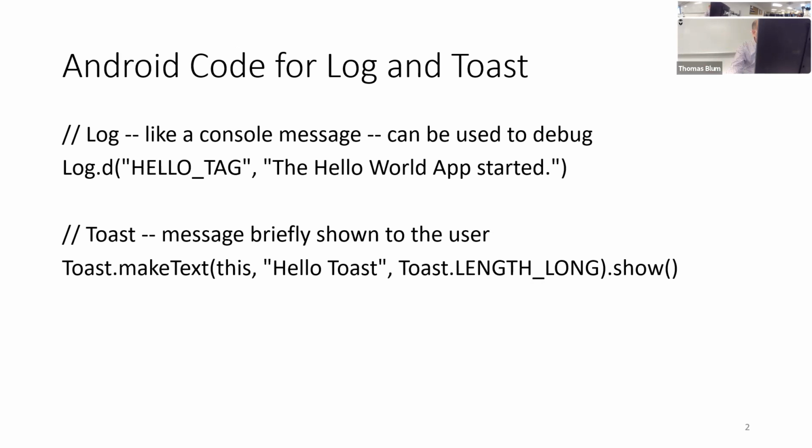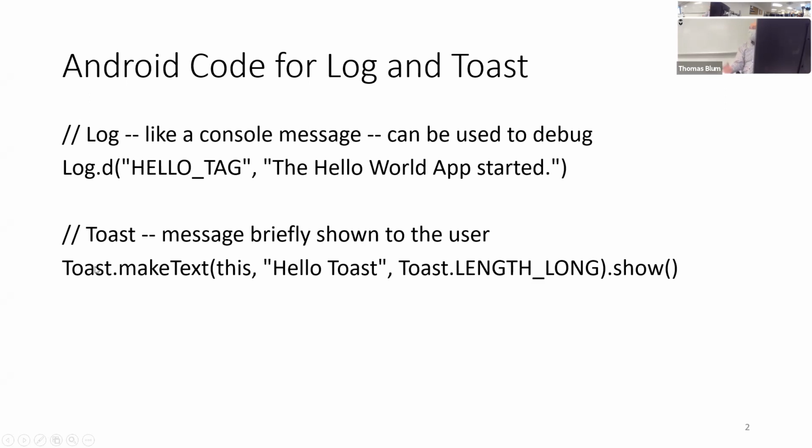So you might use a log to see how you're progressing. You might just say this far, and that tells you that you got that far in your code, or you might have the value of a parameter, but it's a debugging method.